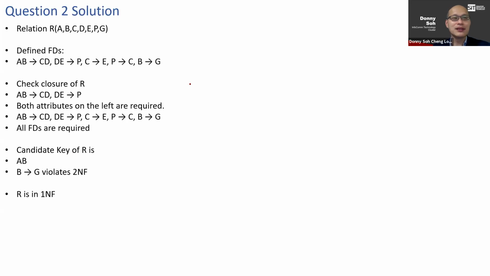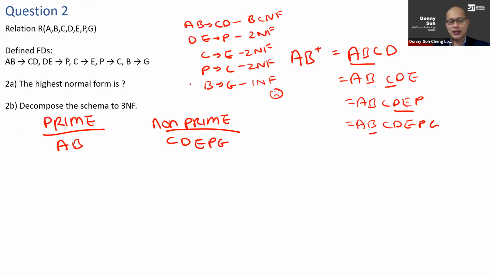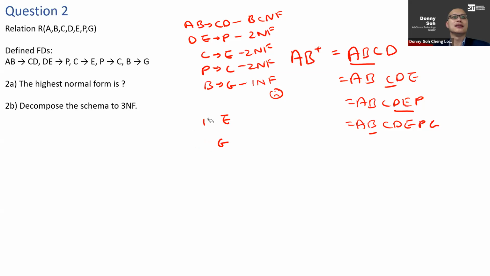Yeah, this is minimum cover. So I don't need to check that. But in the exam, please check that this is a minimum cover. Right now, because of time, let's not go through that. But during the exam, you need to go through the 3 steps to check that this is a minimum cover.